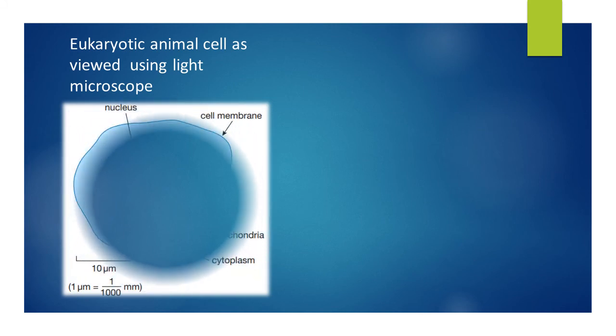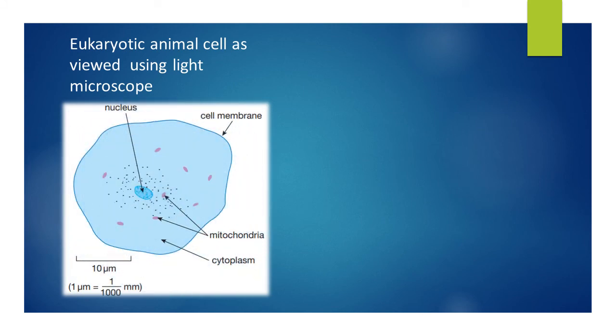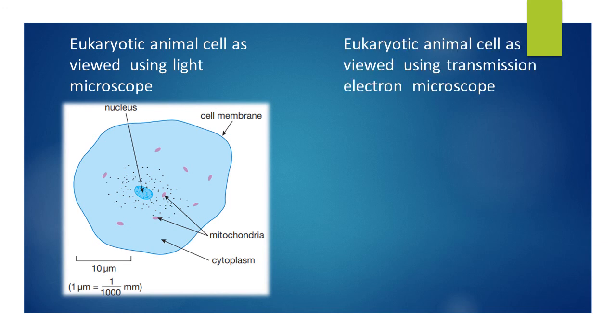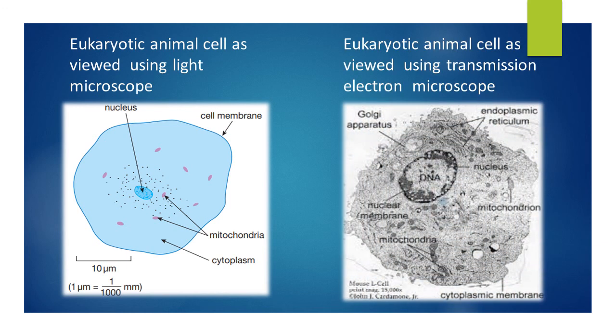Here you can see a eukaryotic animal cell viewed under the light microscope. The cell membrane, cytoplasm, nucleus and mitochondria can be observed. And this is the image of a eukaryotic animal cell viewed using a transmission electron microscope.